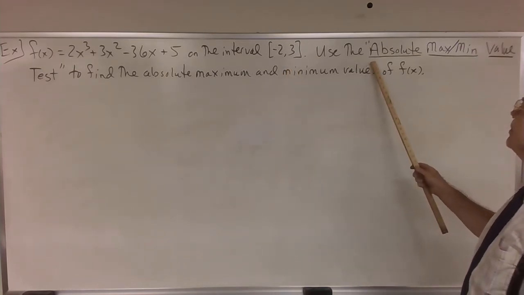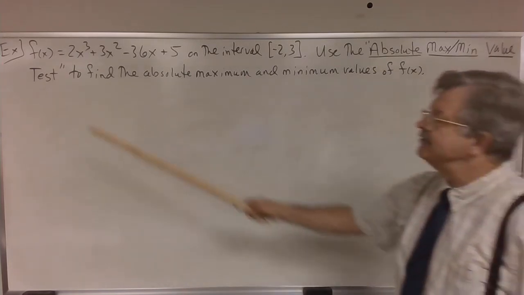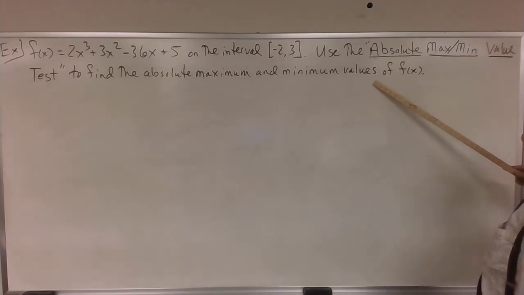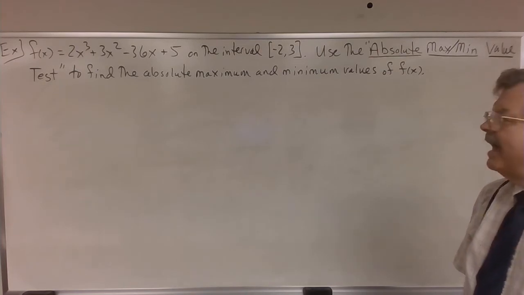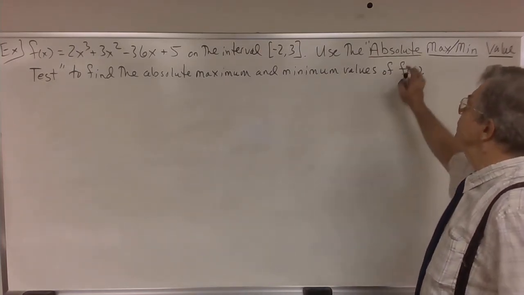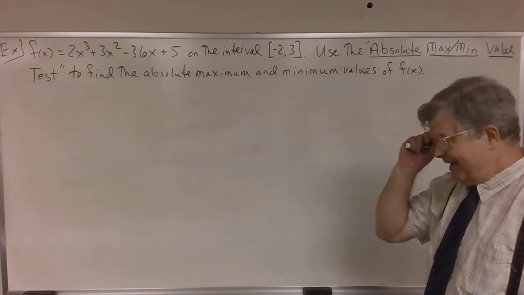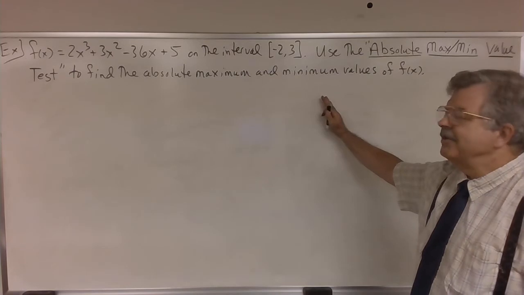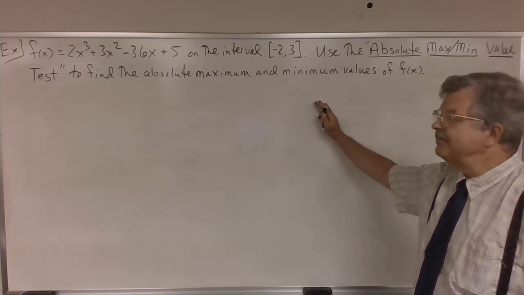And we're told use the absolute maximum minimum value test to find the absolute maximum and absolute minimum values of f of x. And you're probably saying, what is this absolute maximum minimum value test? And the answer is, I haven't told you yet. I'll use this example to outline the steps.